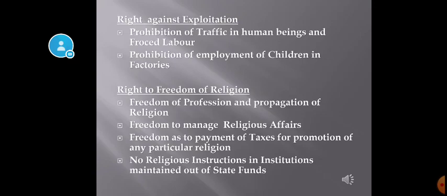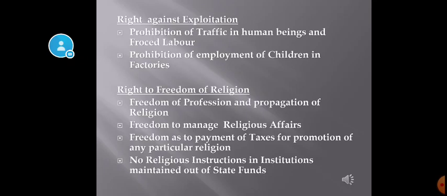Our fourth category describes the right to freedom of religion. The Preamble to the Constitution secures to all citizens liberty of belief, faith and worship. This objective is achieved by the following provisions of the Constitution. The first provision is freedom of conscience and free profession and propagation of religion.